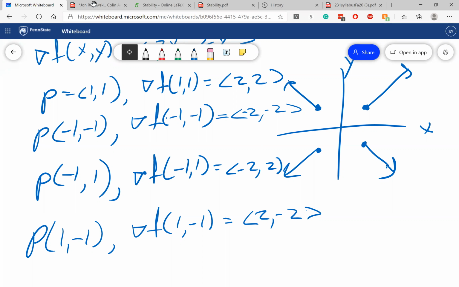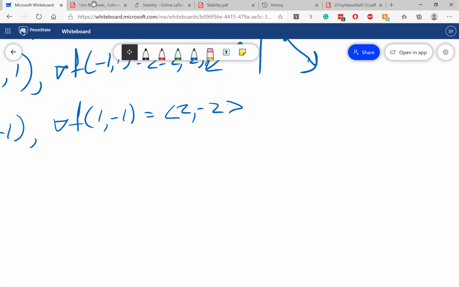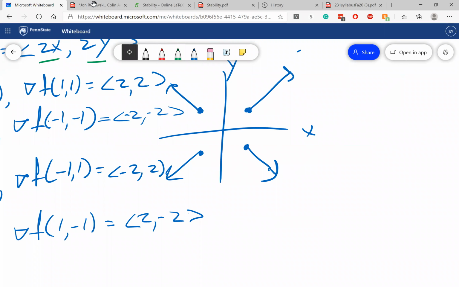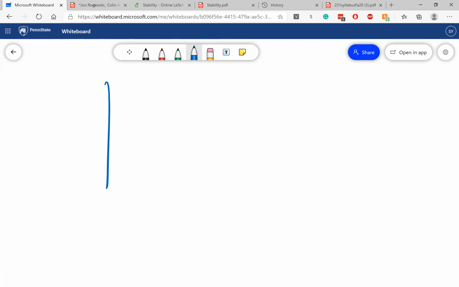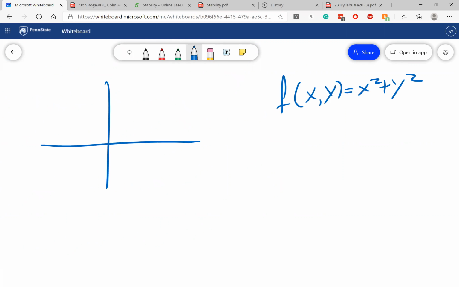So you see that these gradients, these vectors, seem to have some type of symmetrical similarity. And in fact, if we look at the function f of x, y is equal to x squared plus y squared, which was the original function, and we look at its contours, so we take, let's say, f of x, y equal to 1, which would mean that x squared plus y squared is equal to 1.